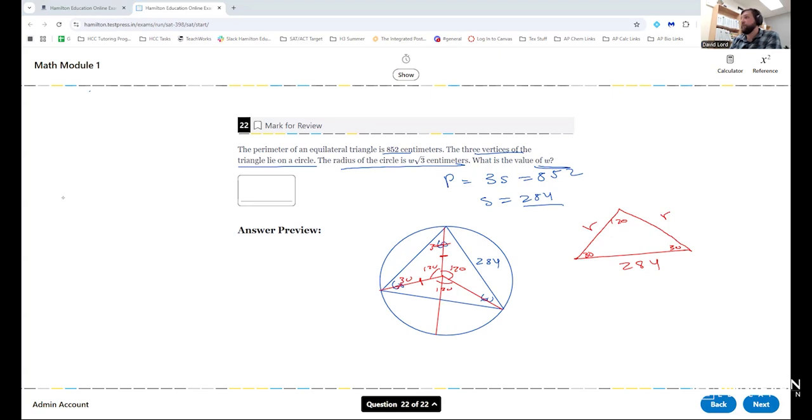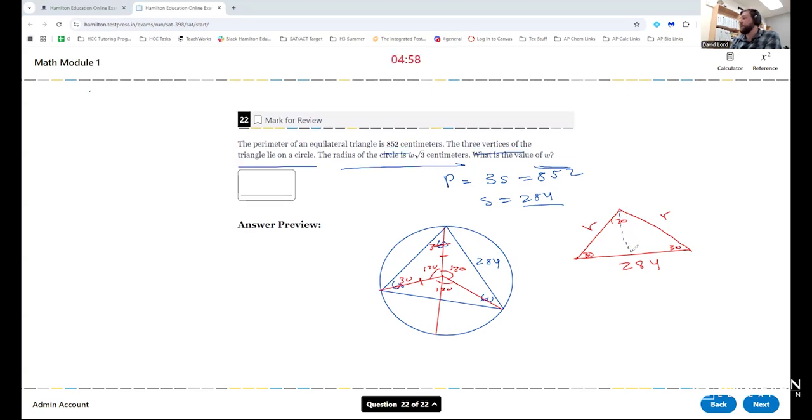If we split it in half one more time, the 284 turns into 142. And now we have a 60 degree angle there and a 90 there. And then we can follow our 30-60-90 ratios. So that's going to be x, x root 3, and 2x. Now our goal was to find w. So the radius in this case is w root 3.